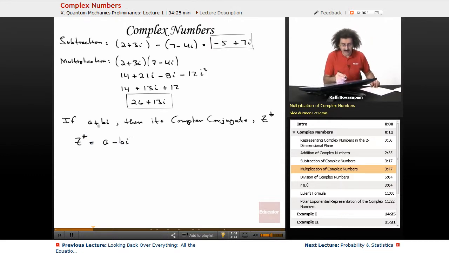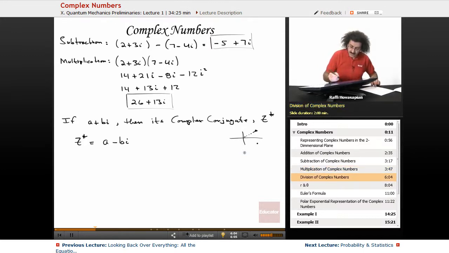Basically, all you're doing is switching the plus to a minus. So geometrically, it looks something like this. If this is the complex number, its conjugate is just a reflection along the x-axis. A plus bi, a minus bi. That's all it is. Okay, so let's go ahead and do a division here.